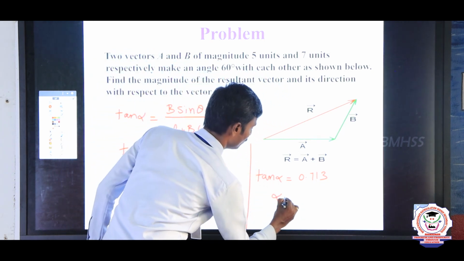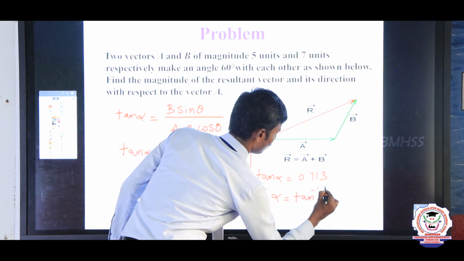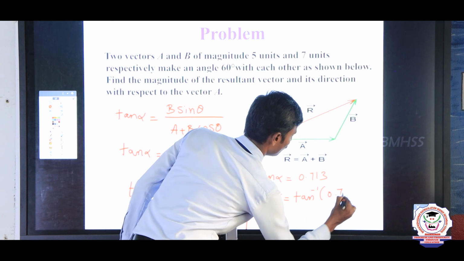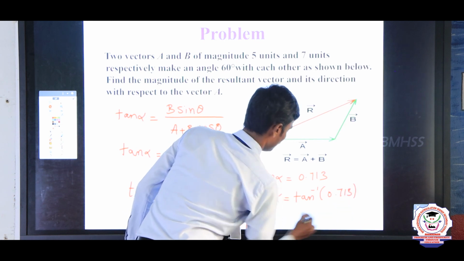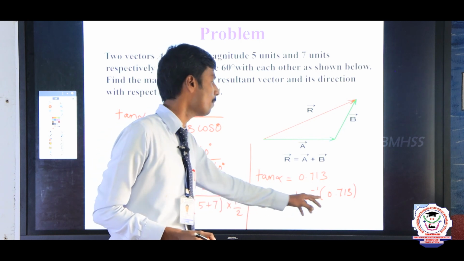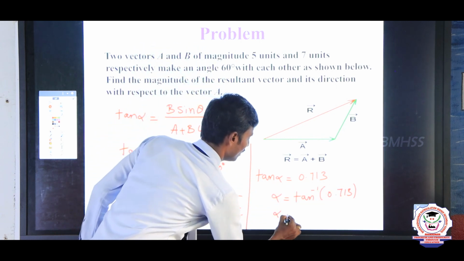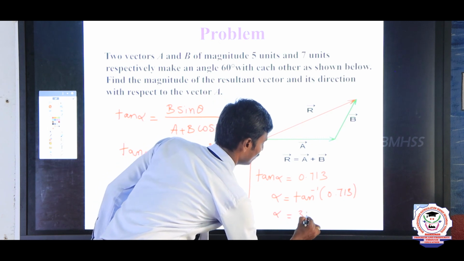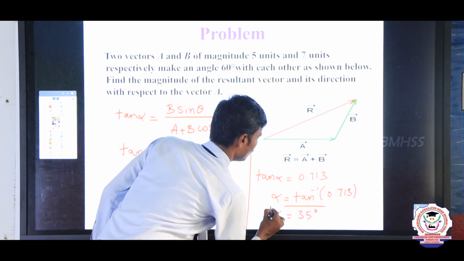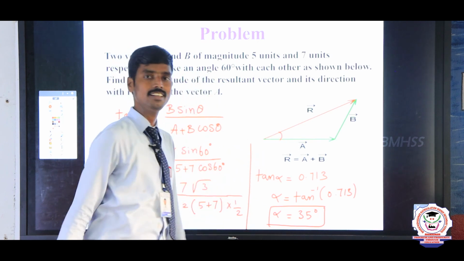Take alpha value, so tan inverse of 0.713. You can see in the natural tangent table, 0.713, we will get the angle alpha equal to 35 degree. Okay, this is the angle between R vector and A vector.